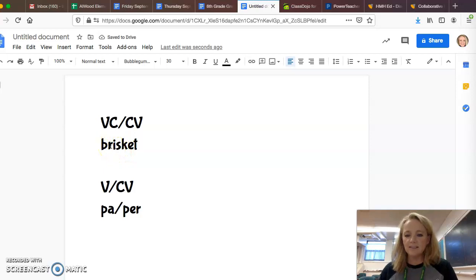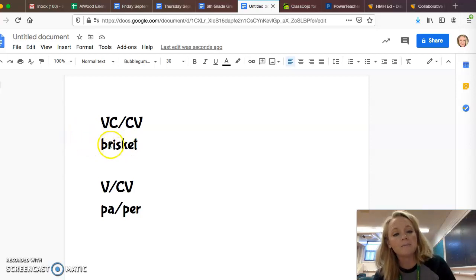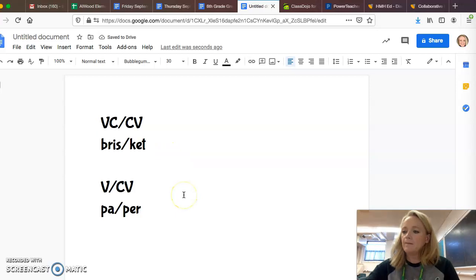Brisket is a kind of meat from a cow. It's very delicious. And I have a vowel I, two consonants S and K, and a vowel E. So I have two syllables, brisket, and I'm going to cut them in between the two consonants S and K. So that's a quick review.